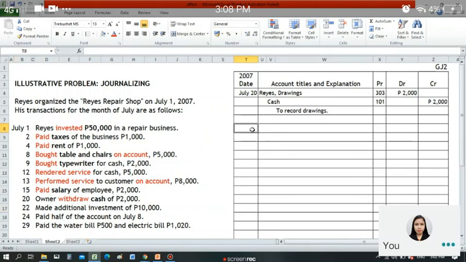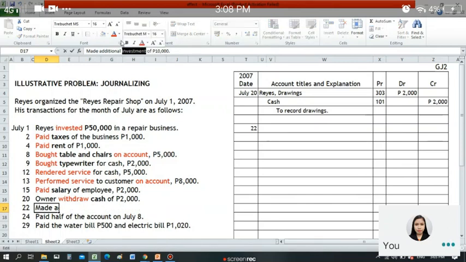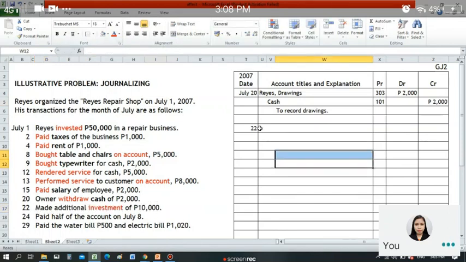It is 22. So made additional investment of 10,000. You already know how to record the journal entry for this kind of transaction, investment. Ibig sabihin, additional investment lang of 10,000. Pag investment, we debit the capital account.